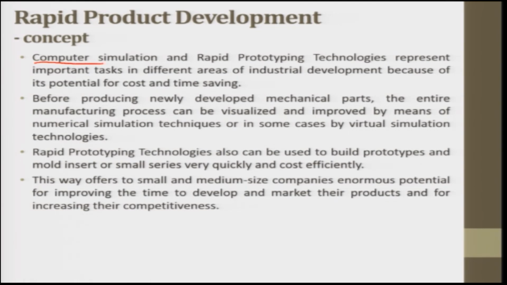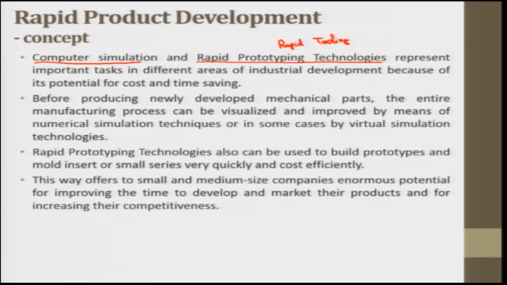Computer simulation and rapid prototyping technologies represent important tasks in different areas of industrial development because of their potential of cost and time saving. Now, companies are finding these techniques to be extremely beneficial and they are being adopted at a rate much higher than ever. The use of rapid prototyping, and I can also put rapid tooling here.